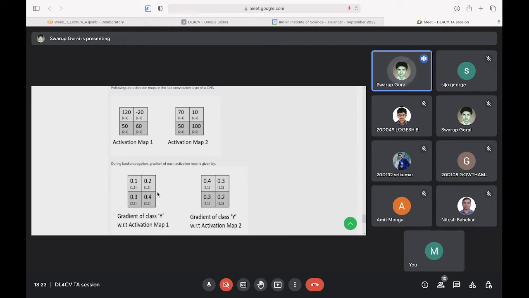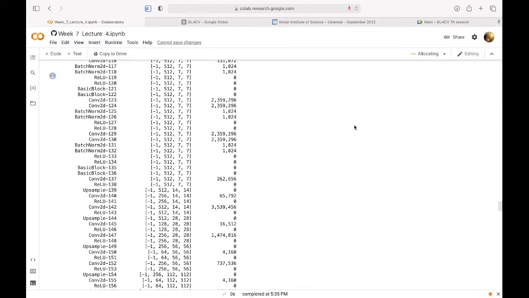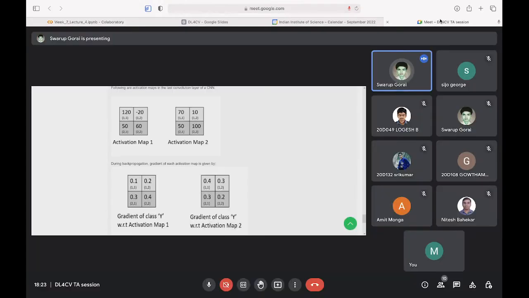But 120 is the whole activation now, right? Let me take only the two. I'm doing 0.3 into 70, 50, 100. So 120 into 0.25. Ma'am, how do I get one location from these?